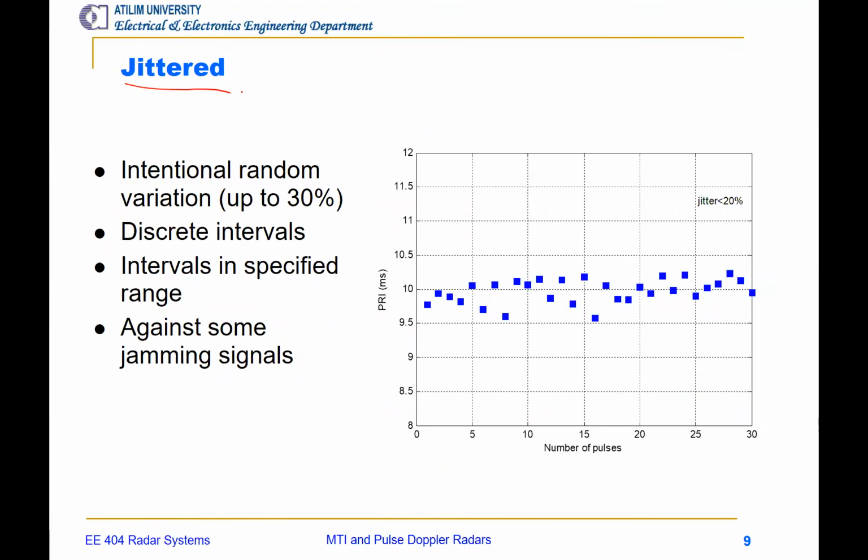Jittered, this is intentional random variation. We tune the transmitting system to a random number, you may imagine, and we determine the PRI for each pulse or for each group of pulses, and it's not easy to extract the PRI values as they are generated by a random number.